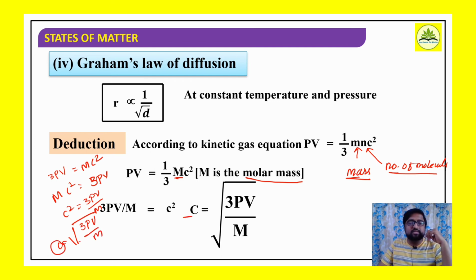C is the root mean square velocity of the molecule. So c is equal to the square root of 3PV divided by M.